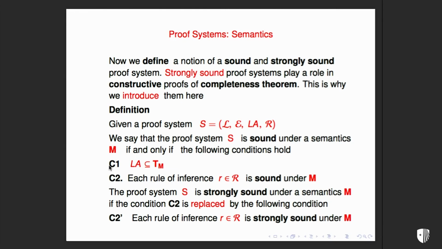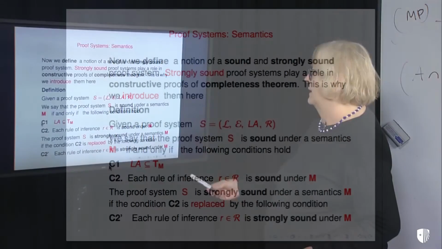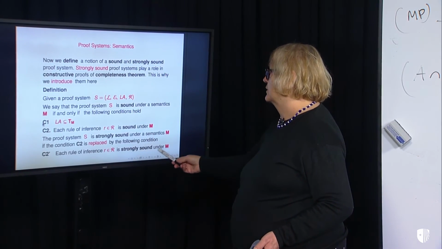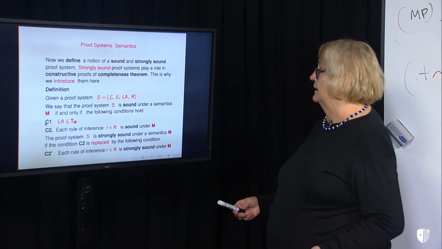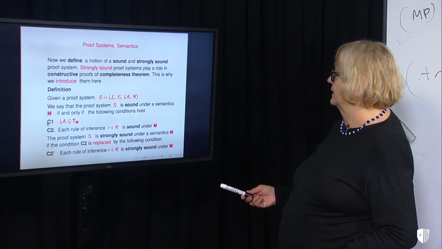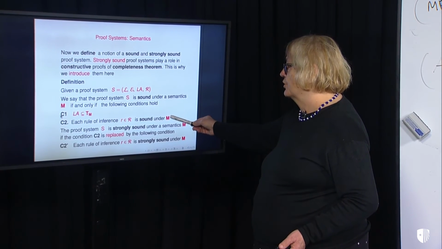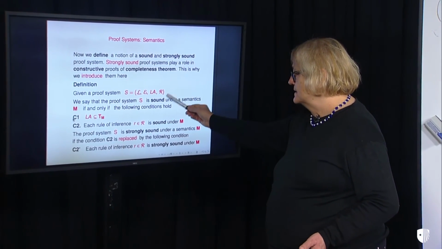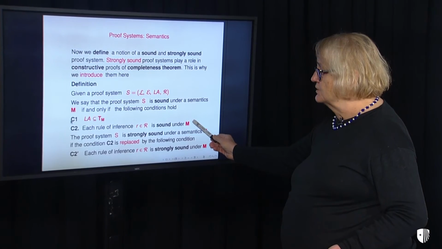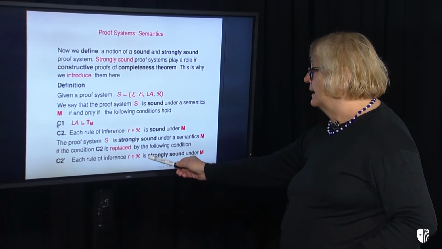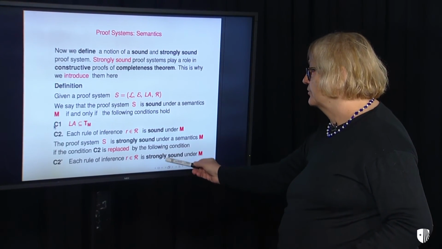So for condition C2, you can say that each rule of inference is strongly sound under the semantics too. So you have sound, and for strongly sound, you replace this condition by strongly sound.